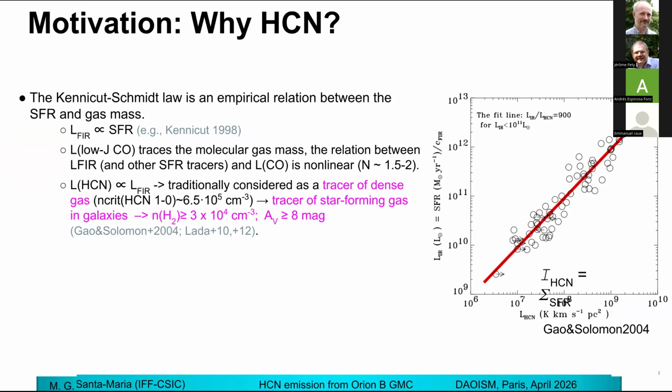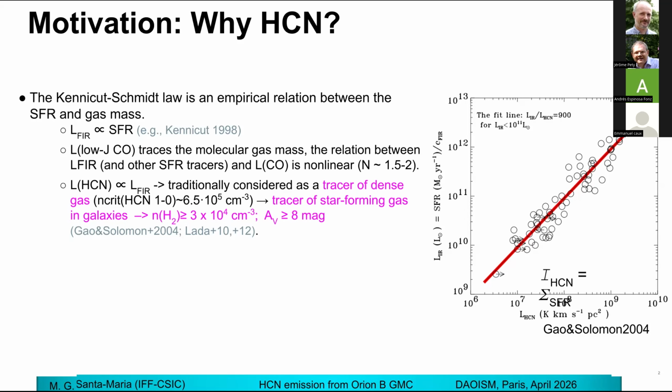So I think we already have a lot of context and motivation from today and yesterday of why to focus on HCN and to try to test whether it's a tracer of the star formation rate, which at the end of the day is what we want to know. Well, if it traces the dense gas that is about to form stars, right?